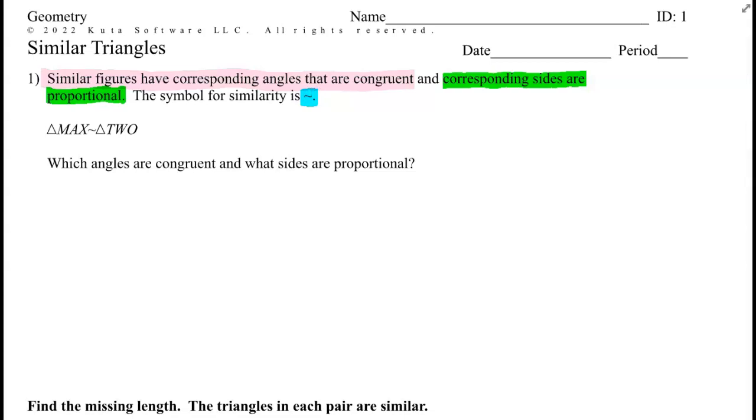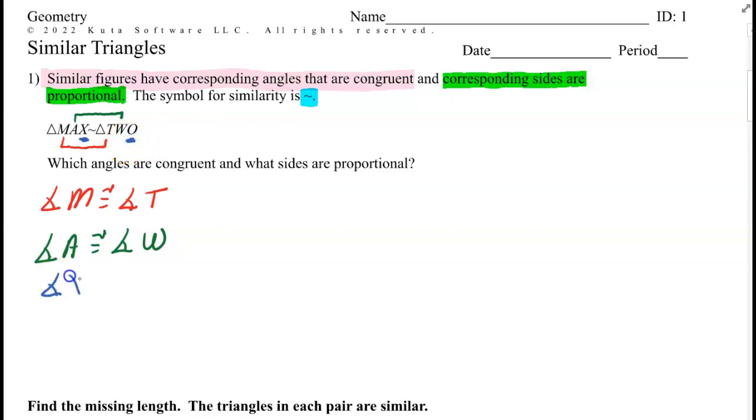So if we look at the first problem here that says triangle MAX is similar to triangle TWO, just like congruent triangles, angle M is congruent to angle T. Angle A is congruent to angle W. And angle X, the third letter, is congruent to angle O. So that is just like congruent triangles.